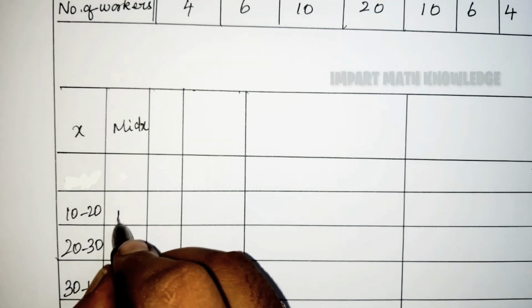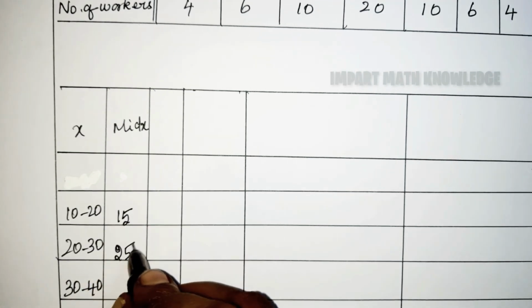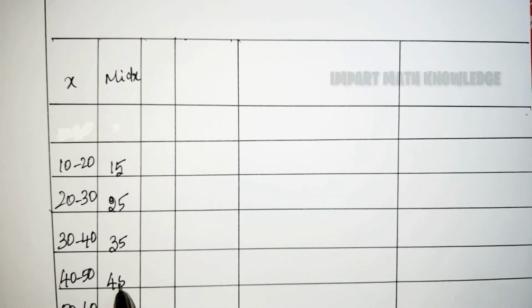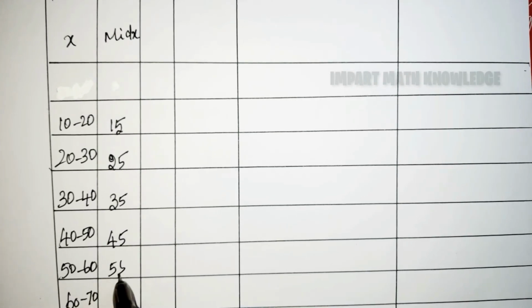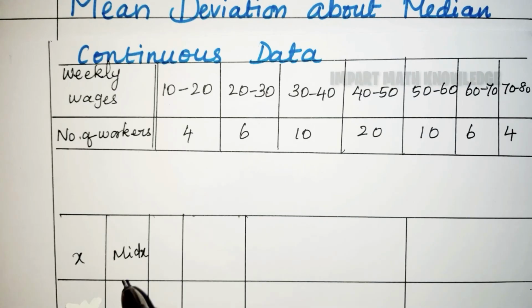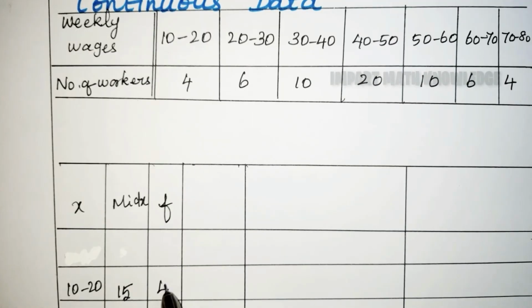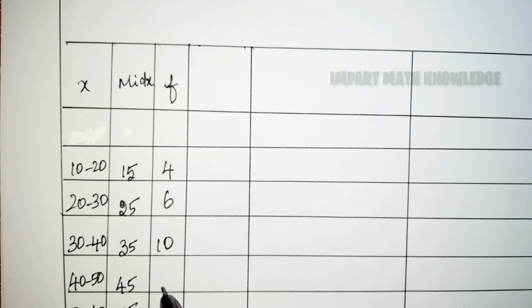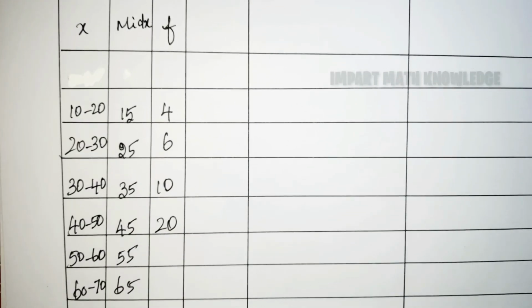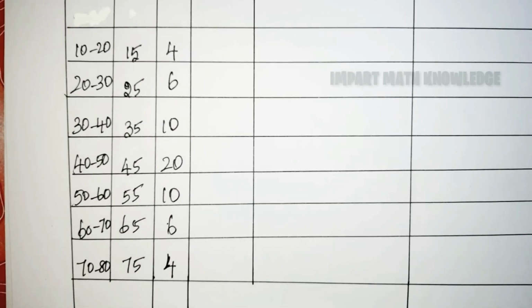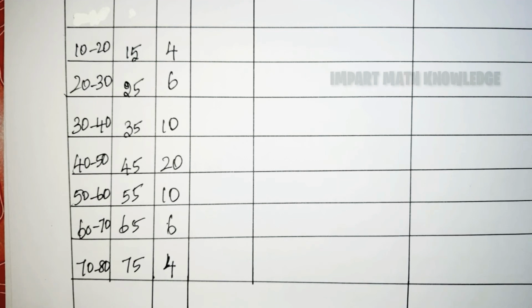Middle value for x is 15, 25, 35, 45, 55, 65, 75. Frequency is 4, 6, 10, 20, 10, 6, 4.